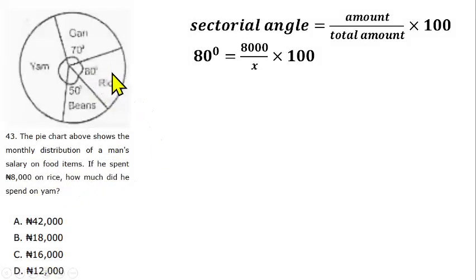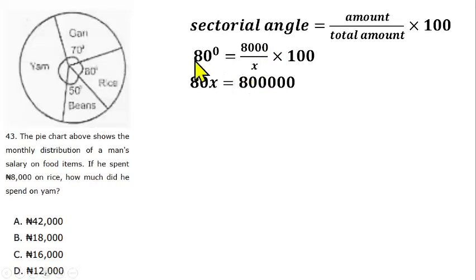So the sectorial angle for rice, which is 80 degrees, equals the amount you spend on rice, which is 8,000 over x, so that you can find the total amount you spend on all the food items. Then times 360. I don't know why this one became 100. That's a typographical error. Times 360. So if you simplify from there, it will be 360 times 8,000 divided by x.